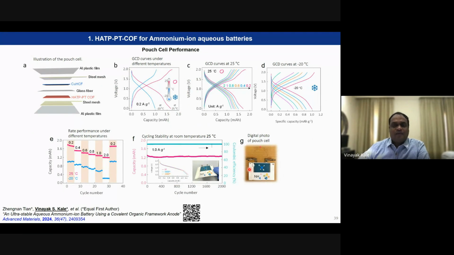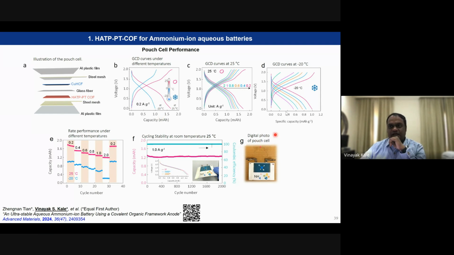Finally, for practical application, we demonstrated a pouch cell. For example, we combine this COF and hexacyanoferrate together with a separator in between and the outside is plastic film, and we assemble this pouch cell.